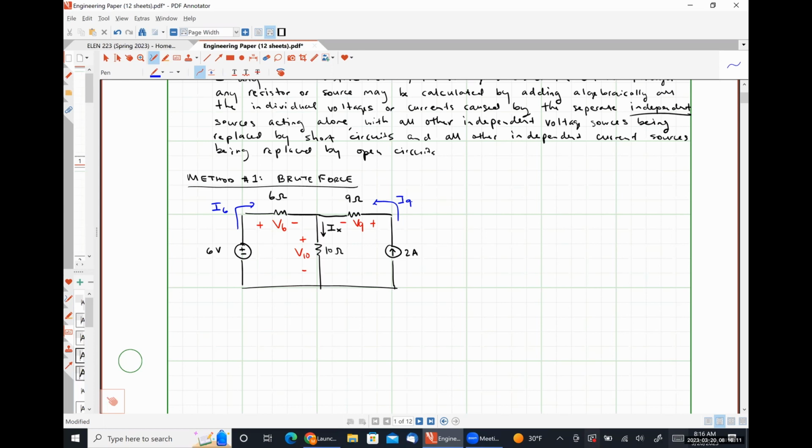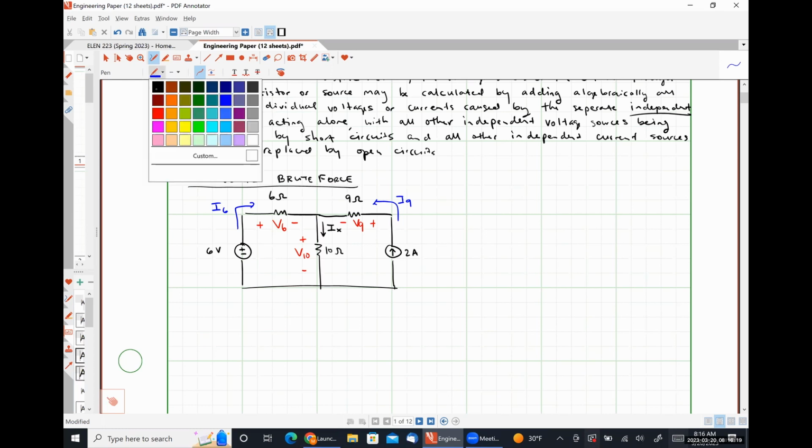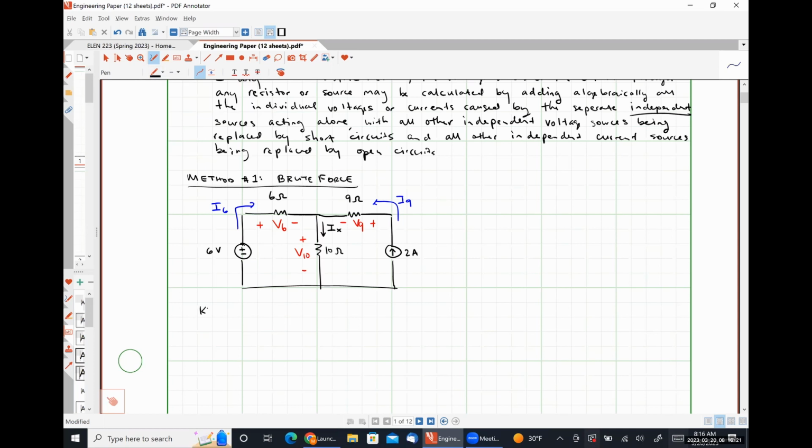So what I'm going to do here is write a Kirchhoff's voltage law equation around my left loop. So left-hand path. And I get -6 volts plus V6 plus V10 is equal to 0.